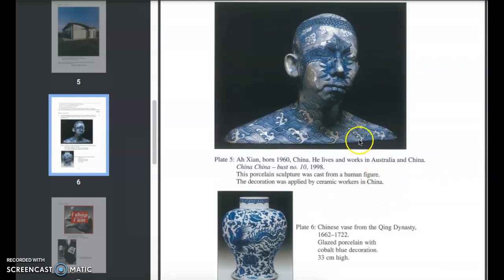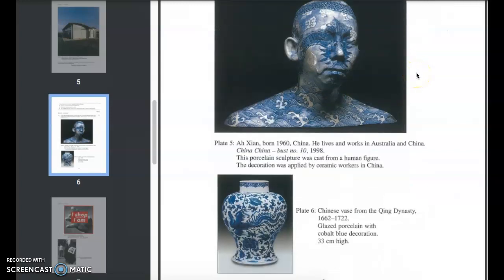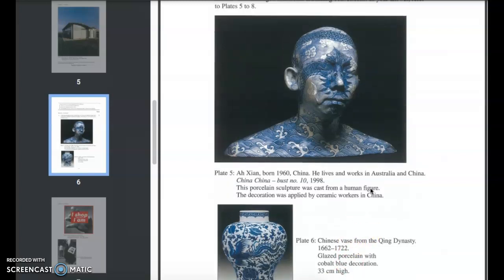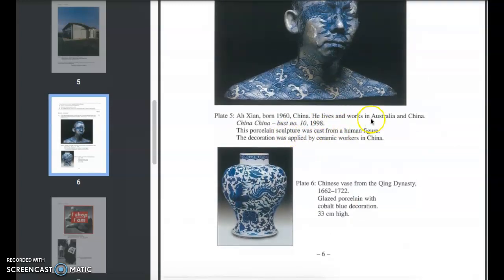So the reason I think that they've given you these two is because the question is talking about how they've challenged traditional art-making conventions. So obviously this is the traditional piece here, and they're wanting you to say how this artist has gone against the traditions exhibited in this kind of work. You could answer that question just by using this information. The fact that he has used a human figure to cast a shape rather than making a traditional vessel.